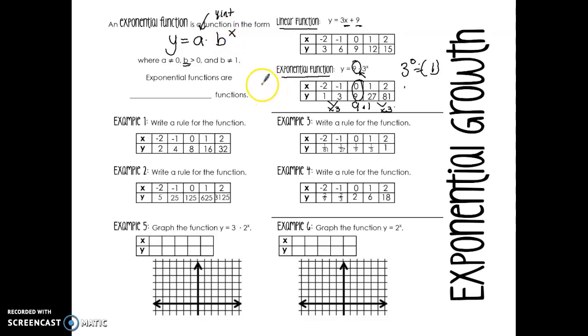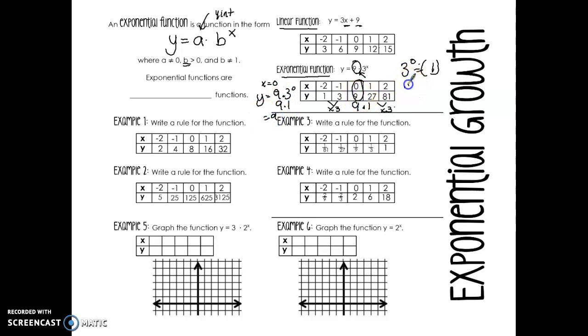So when I plug x equals 0 into this equation, I get y equals 9 times 3 to the power of 0, or 9 times 1, which is 9. That's how they got this.